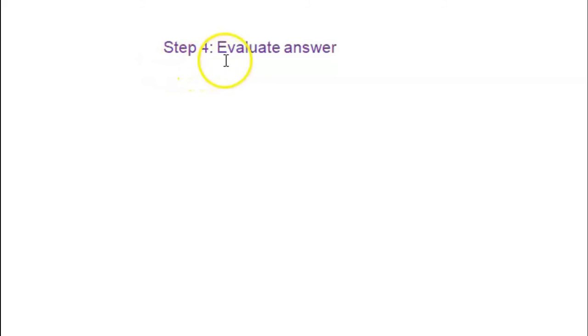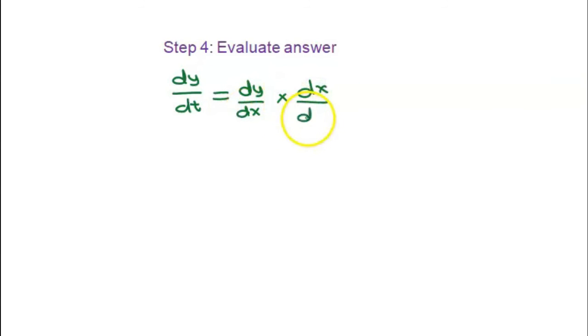Now we are in step 4, to evaluate the answer for this question. For that, we refer back to the chain rule that we formed, in which dy over dt is dy over dx multiplied with dx over dt.